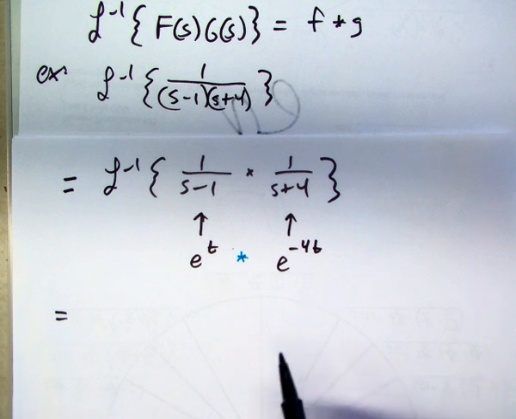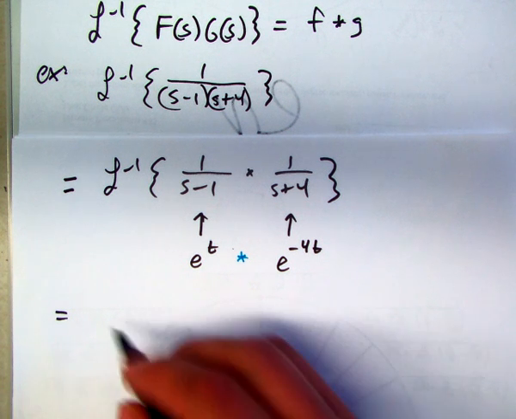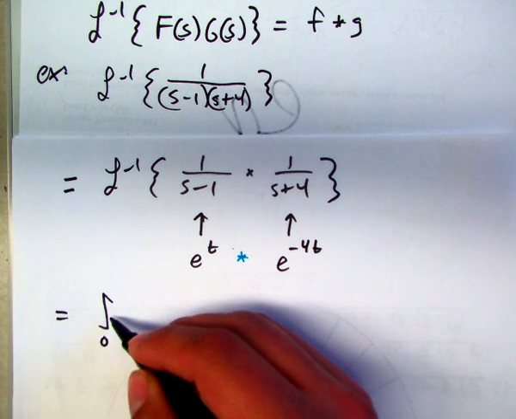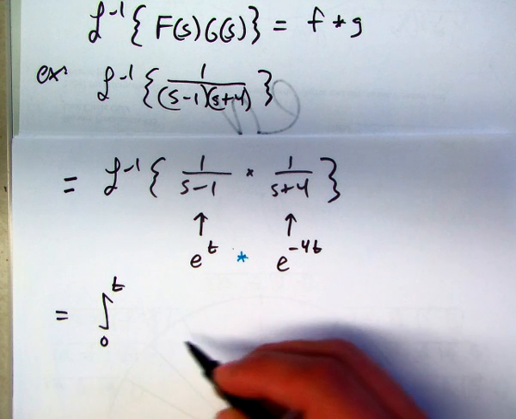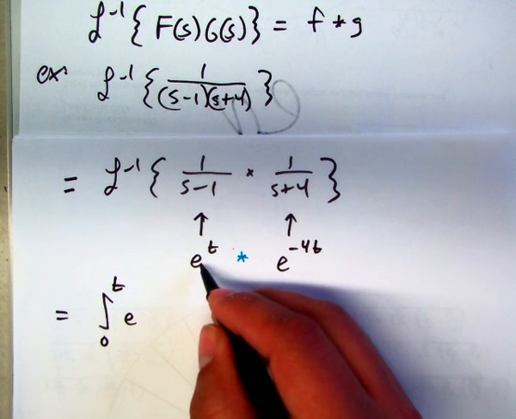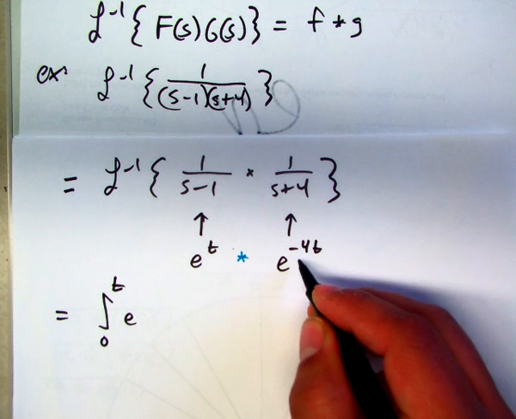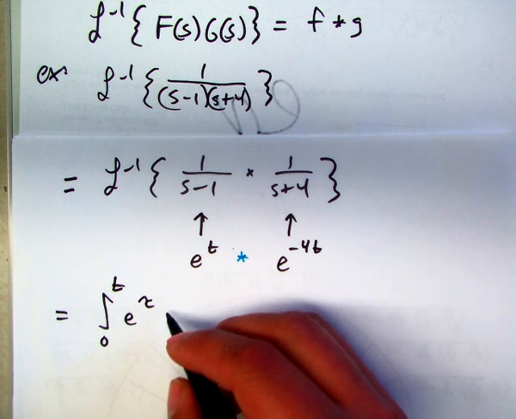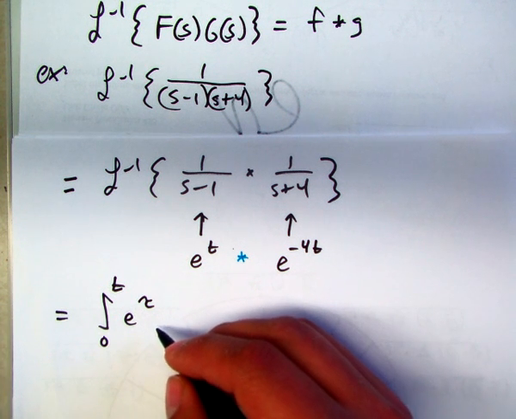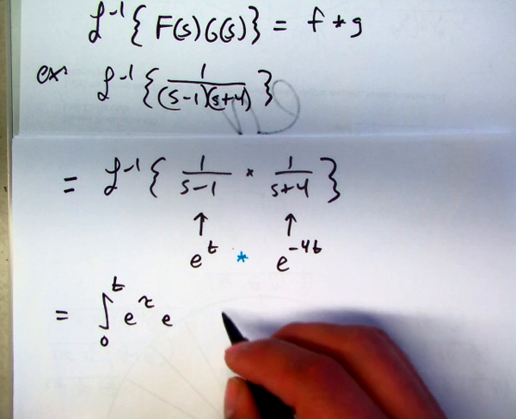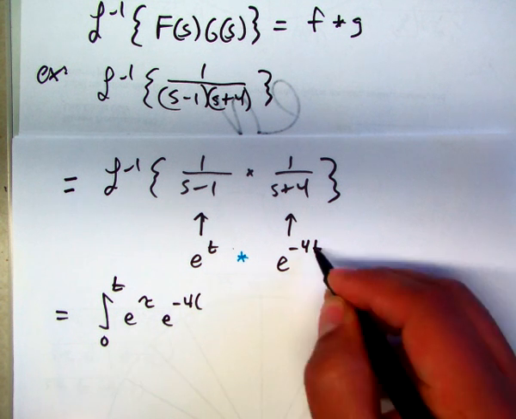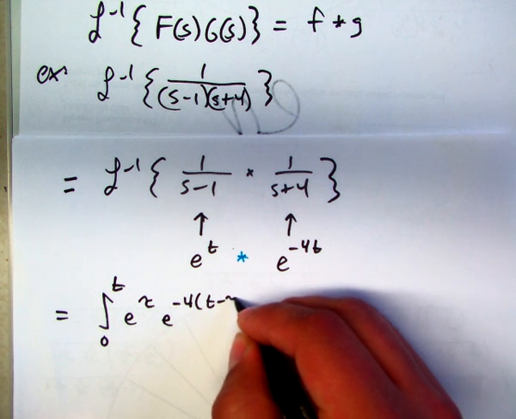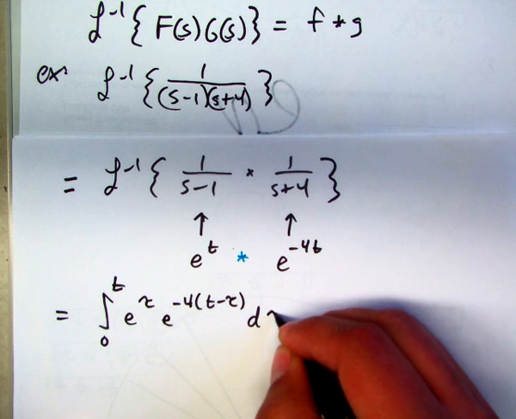Okay, so how do we do that? Well, we take the integral from 0 to t. I'll just go with f as my first function and g as my second one. So e to the tau times e to the negative 4, and then we replace t with t minus tau, d tau.